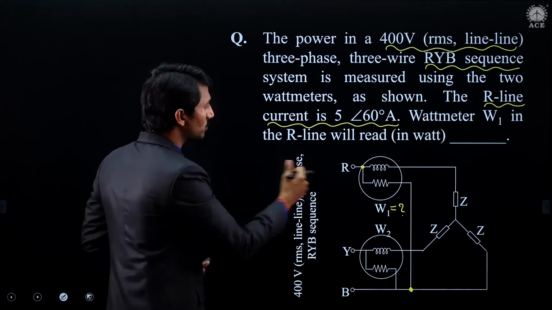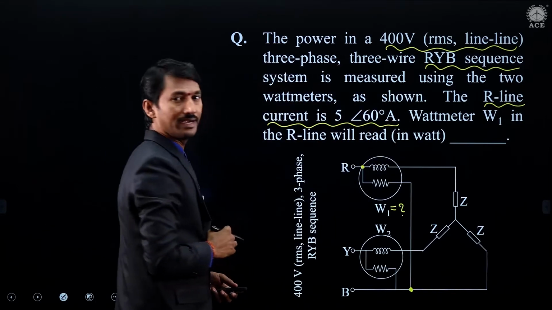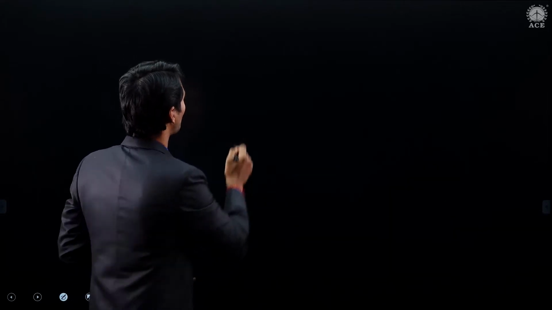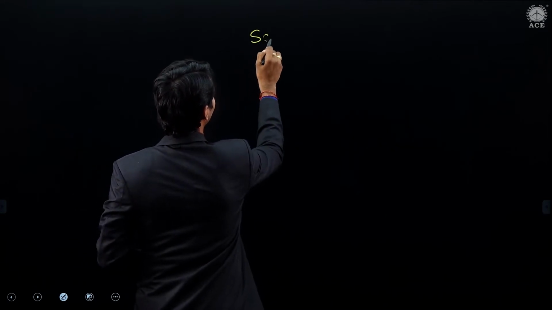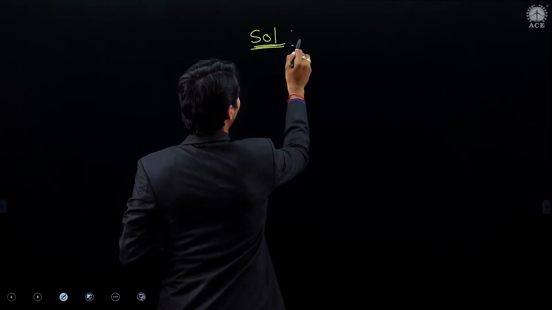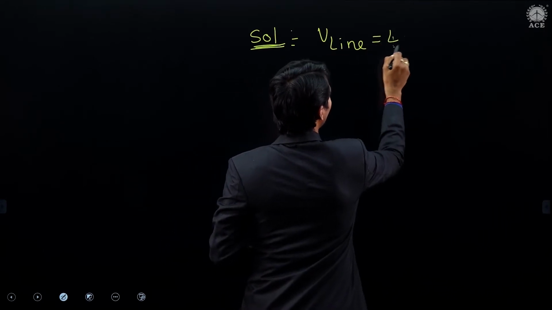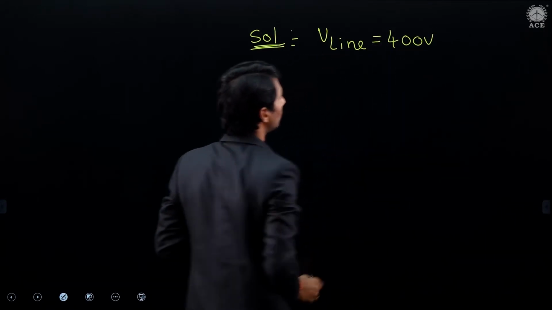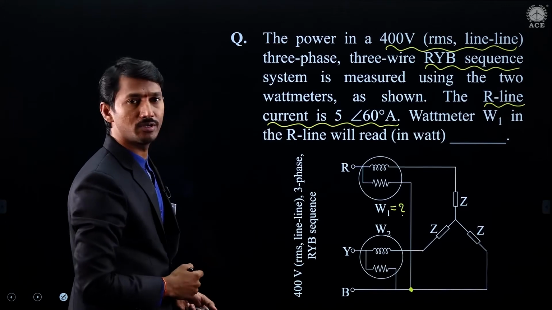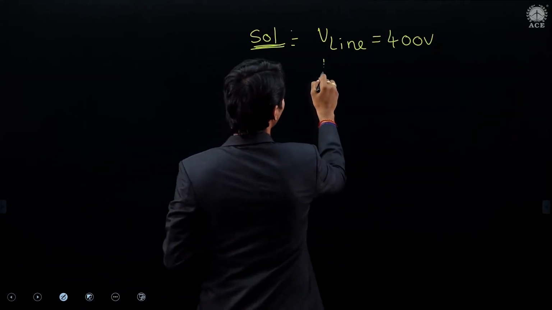Before solving, let us write the given data first. Sir, what is the given data? V line is equal to 400 volt. Sequence is RYB.